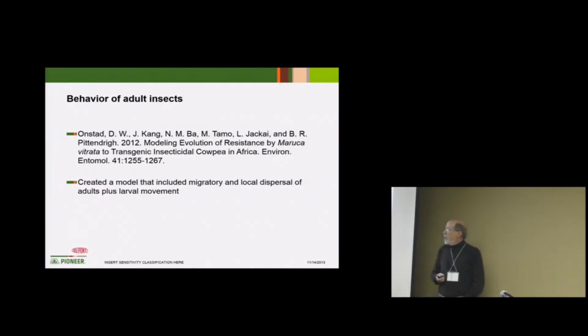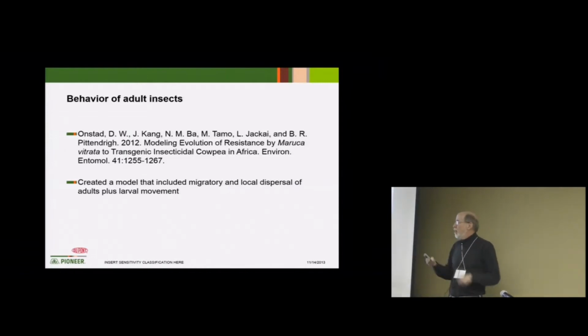I did a study of insecticidal cowpea and Maruca vitrata in West Africa. In that case, we considered 3 regions from Benin and Togo in the south up to Burkina Faso in the north. The insect is endemic and resides all year round in the southern countries.